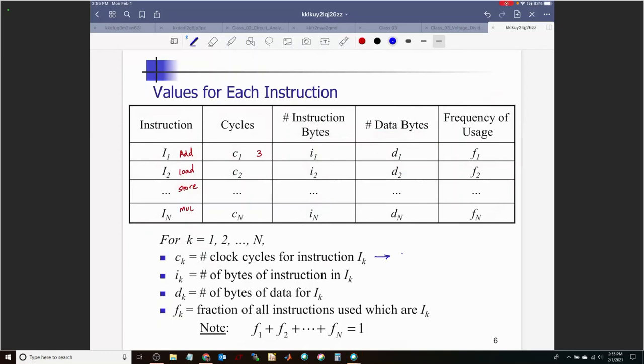So this would be cycles, say 3 cycles per instruction. Next, I sub k, this is small i, indicating the number of bytes for that instruction. So I sub k would be the bytes per instruction.